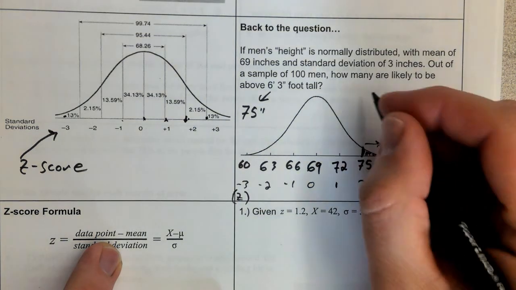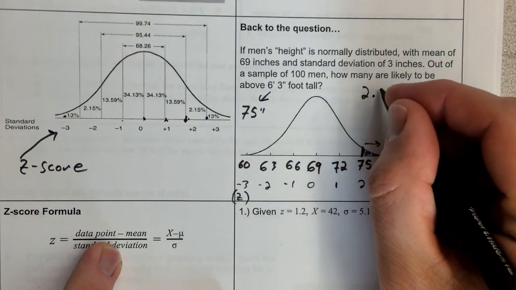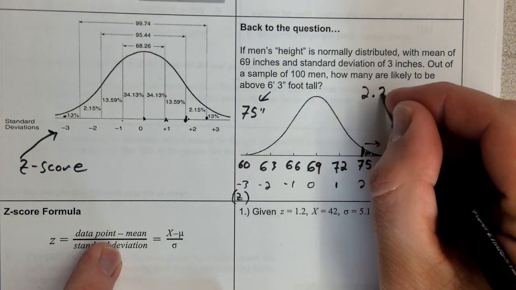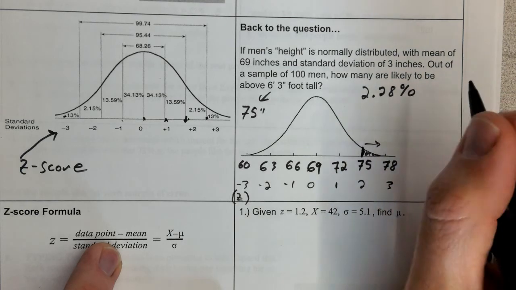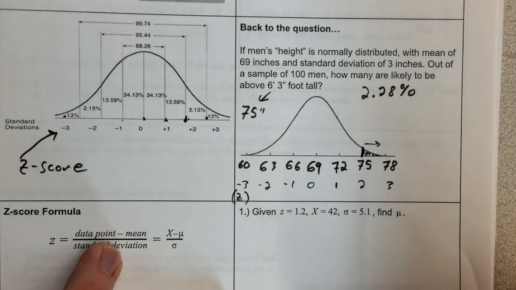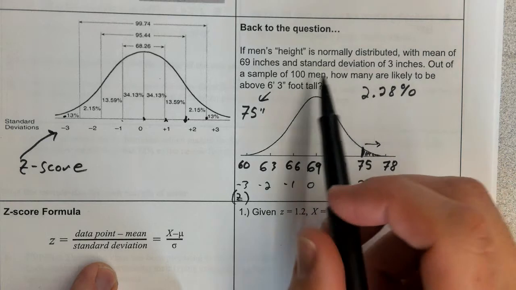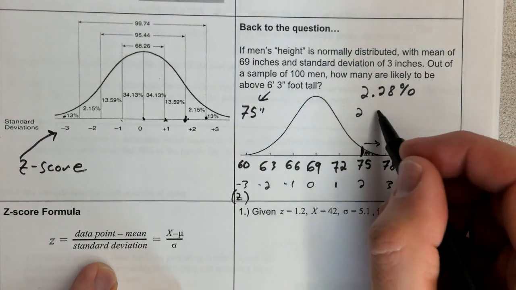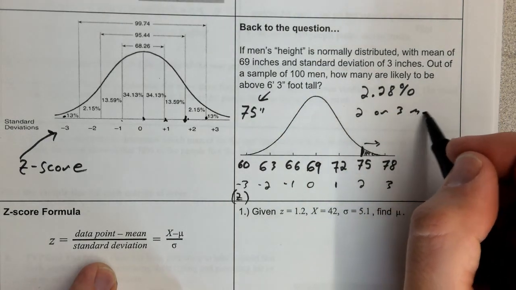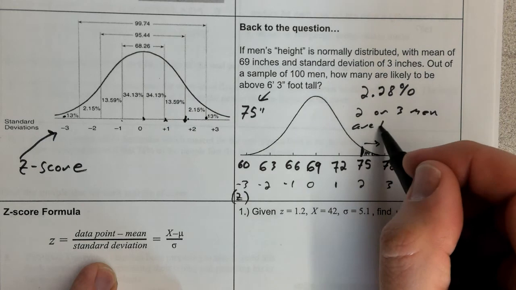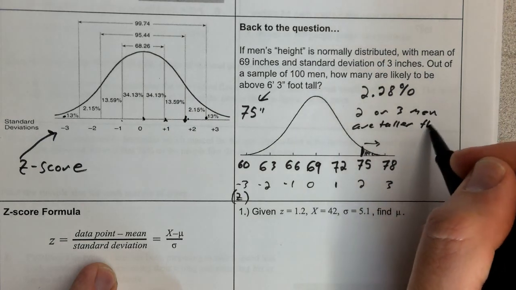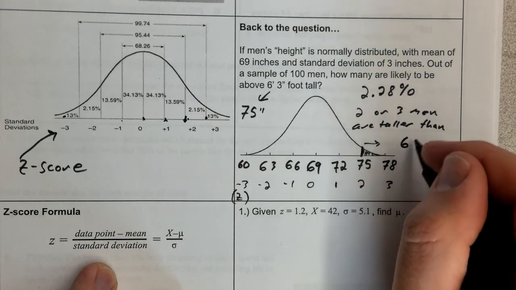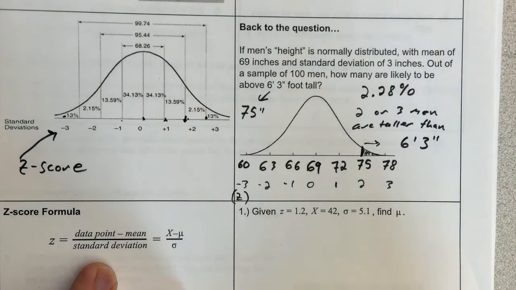So that totals to be 2.28% of men taller than 75 inches. And so that means that we can infer that out of 100, 2 or 3 men are taller than 6'3". Right?